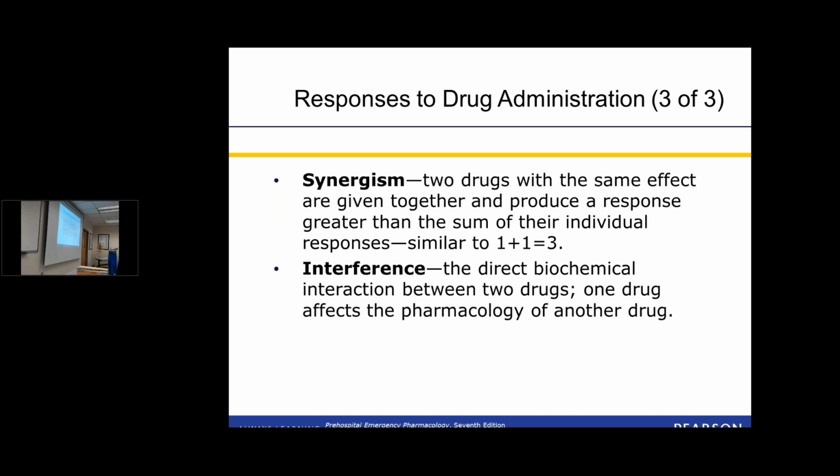Synergism is similar and yet a wee bit different. Synergism is when two drugs with the same effect are given together and produce a response greater than the sum of the individual responses. So 1 + 1 does not equal 2. 1 + 1 equals 3, because it potentiates itself that much greater along the way.